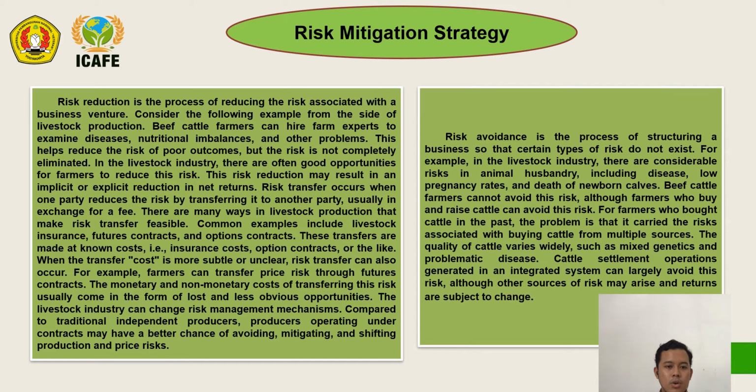Risk transfer occurs when one party reduces the risk by transferring it to another party, usually in exchange for a fee. There are many ways in livestock production that make risk transfer feasible. Risk avoidance is the process of structuring a business so that certain types of risk do not exist.